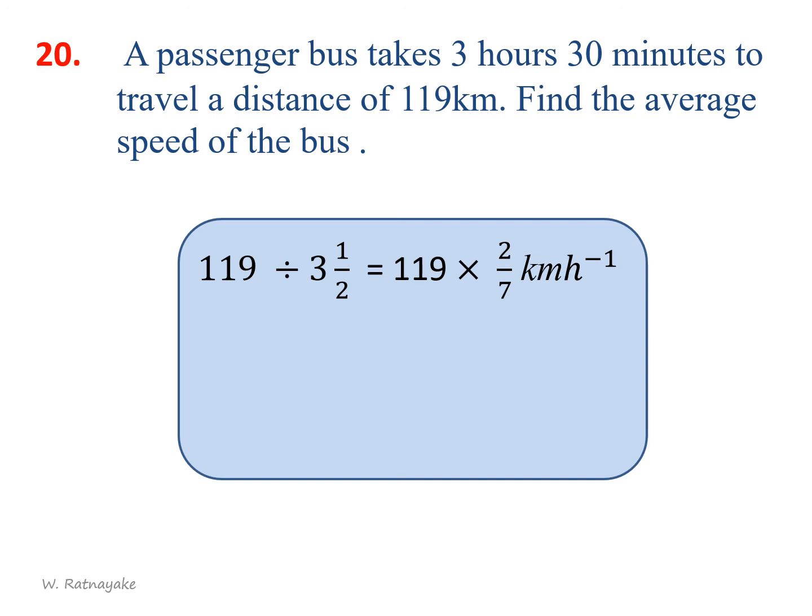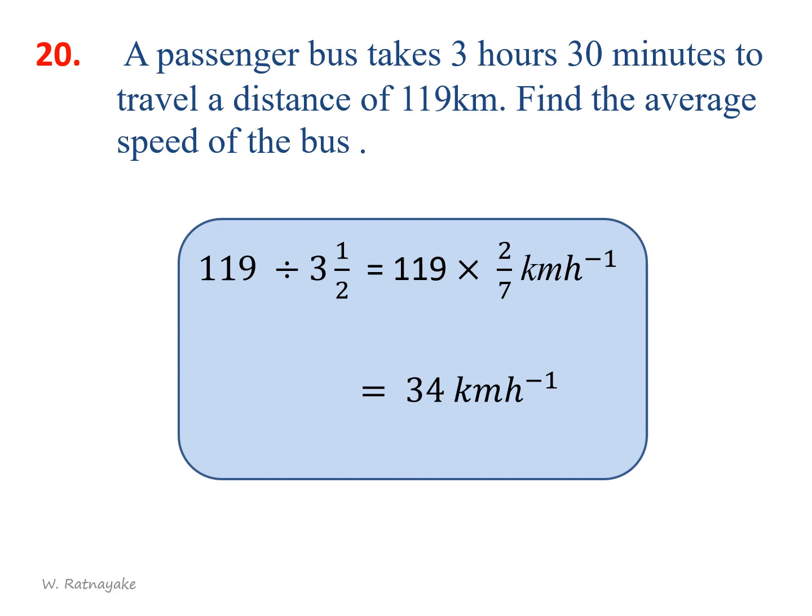119 divided by 7 is 17. 17 times 2 is 34. So this is the answer. So the answer is 34 kilometers per hour.